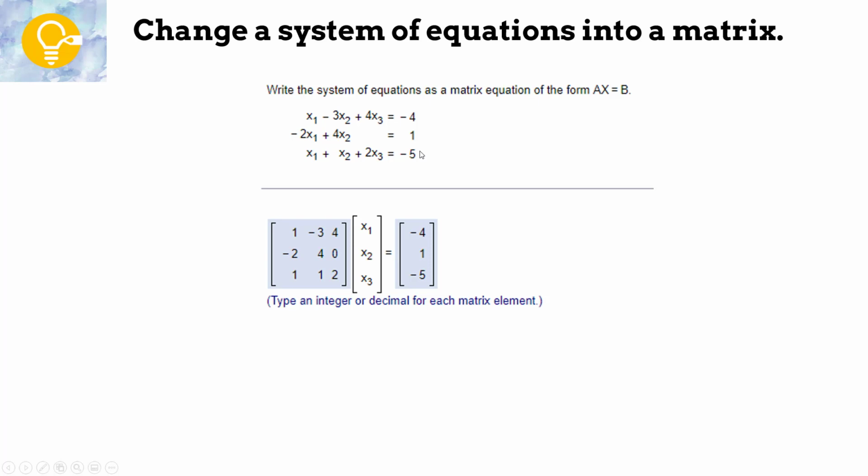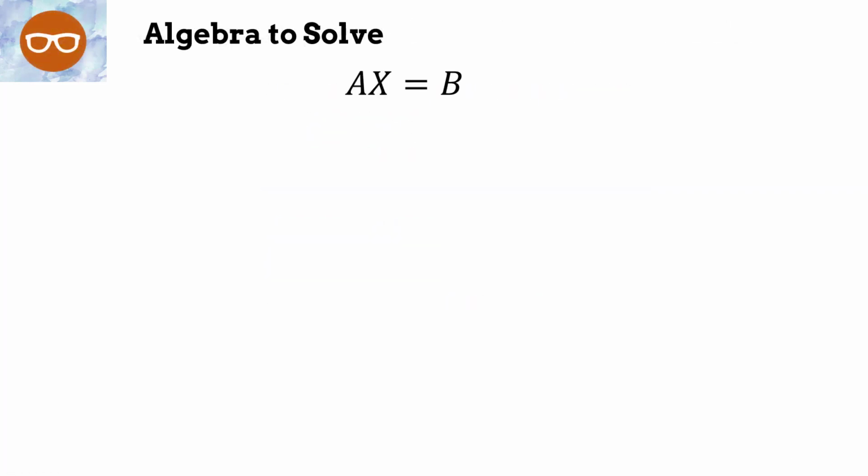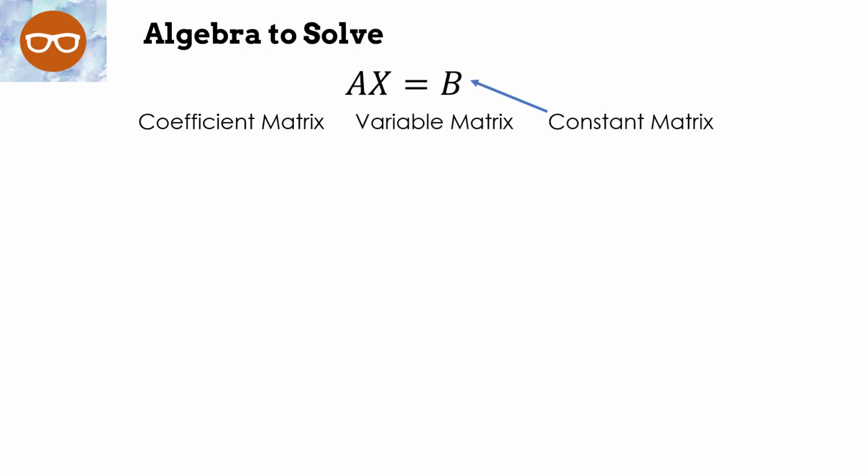Now let's see how we're going to solve it using algebra. We're going to have the equation AX equals B, where A is your coefficient matrix, X is the variable matrix, and B is the constant matrix. So let's rewrite it. Using algebra, to get x by itself, I would have to divide everything by A. Using matrices, we're going to multiply by A inverse, or A to the -1, on both sides.